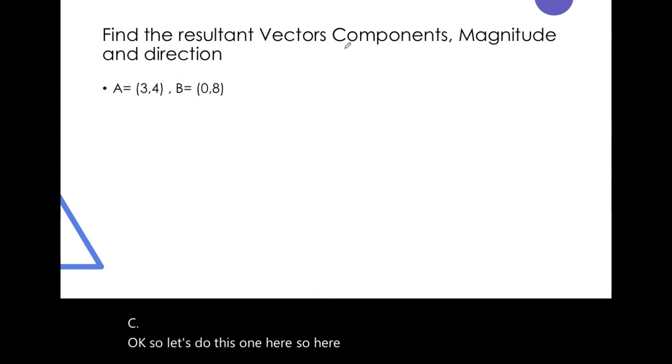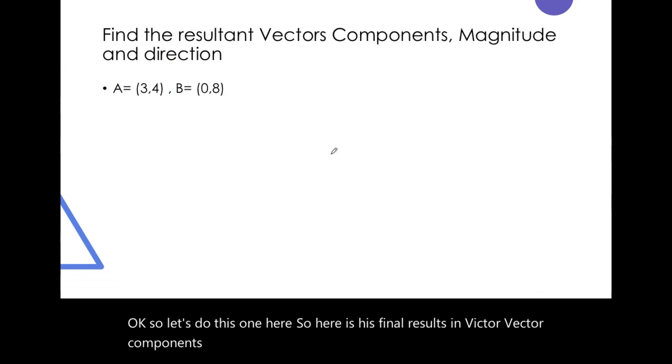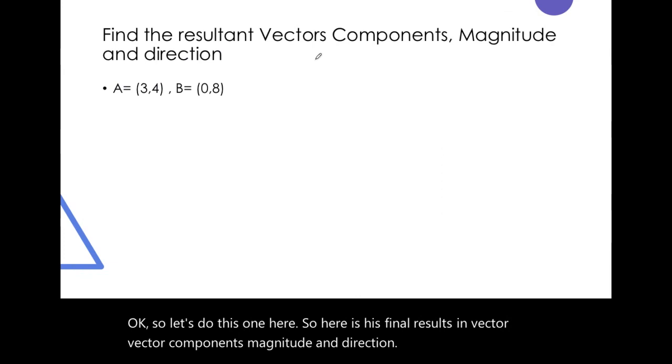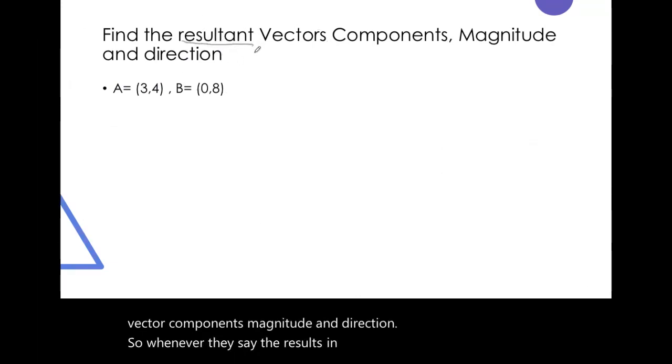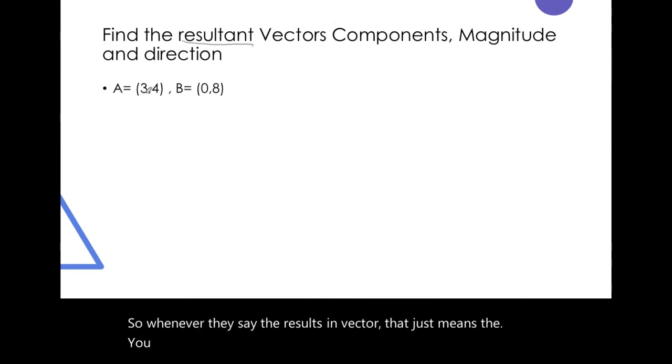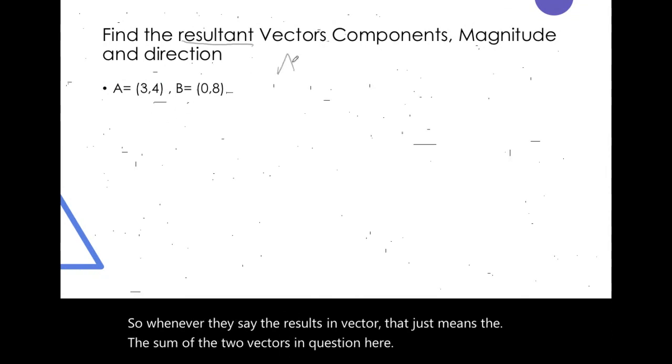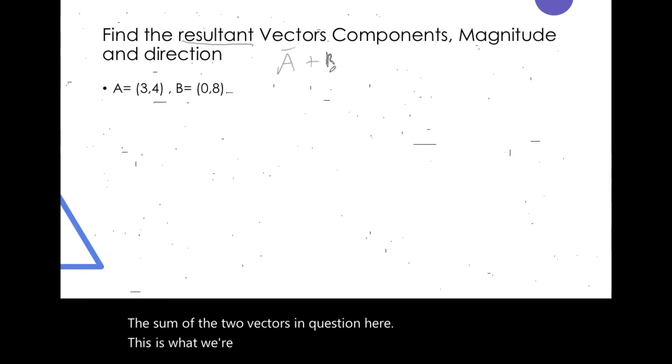It says find the resultant vector, vector components, magnitude, and direction. Whenever they say the resultant vector, that just means the sum of the two vectors in question. So this is what we're doing: we're adding A plus B to solve for C.